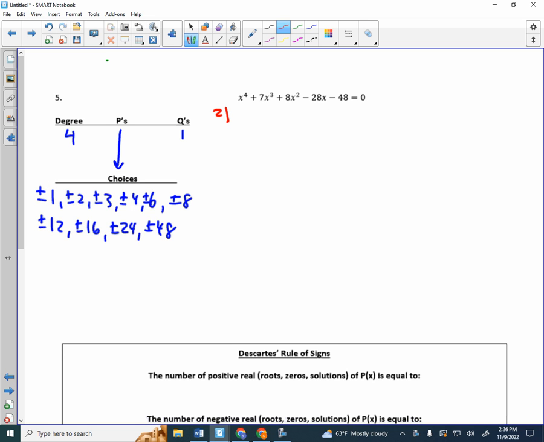I'll try 2. 1, 7, 8, -28, -48. One, 2, 9, 26, 52.